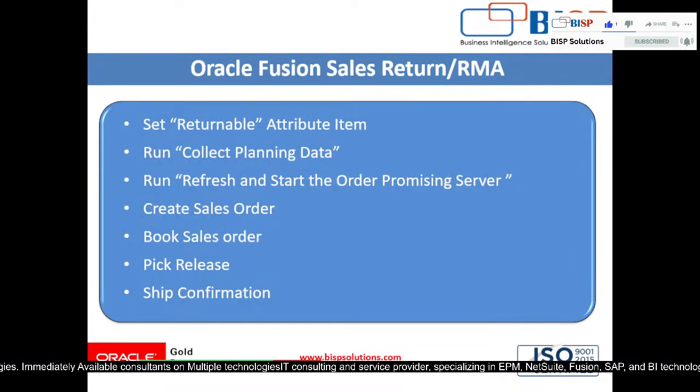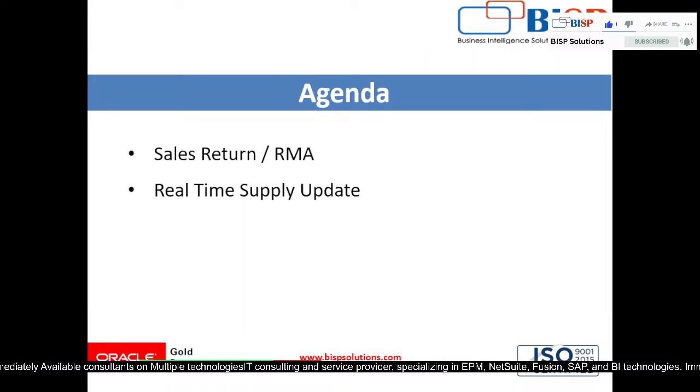Let's discuss one scenario. We create the sales order and we check the on hand quantity is 500 and the order requirement is 600. So we don't have the 100 quantity, but somehow we know that we have 100 quantity in our inventory.